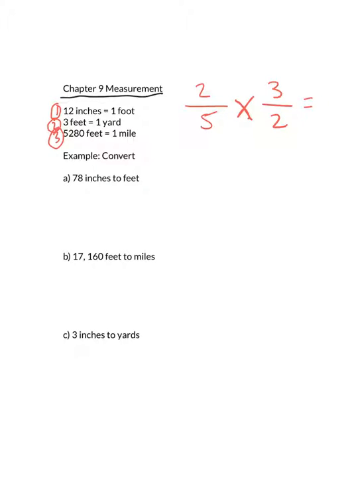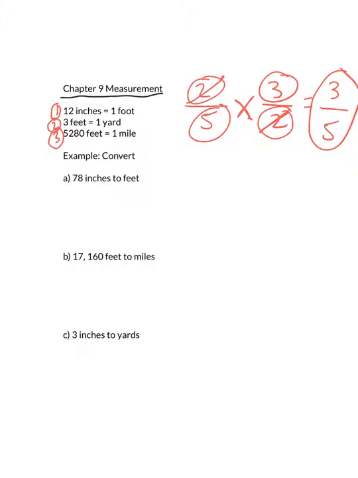Only when we're multiplying fractions am I allowed to cancel any matches with these numbers on the top and bottom. I see a 2 on the top of the first fraction and on the bottom of the second fraction, so I can cancel them down to 1, and I'm left with a 3 on the top and a 5 on the bottom. And sure enough, if I multiply 2/5 times 3/2, I get 3/5.